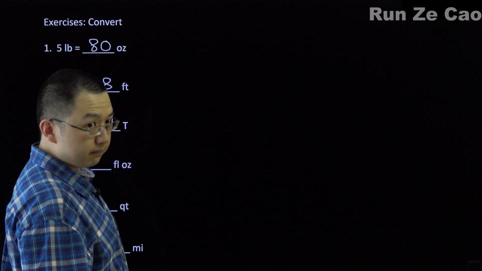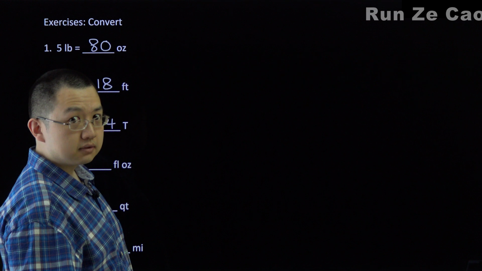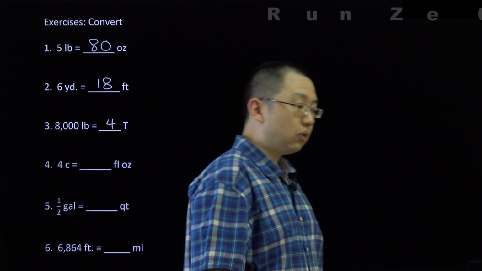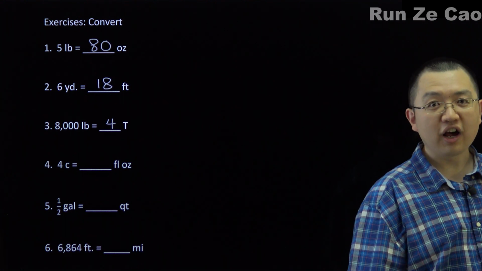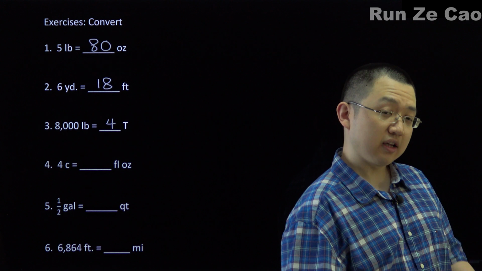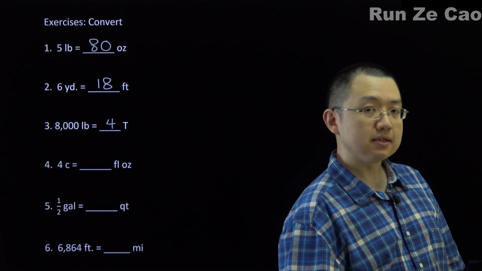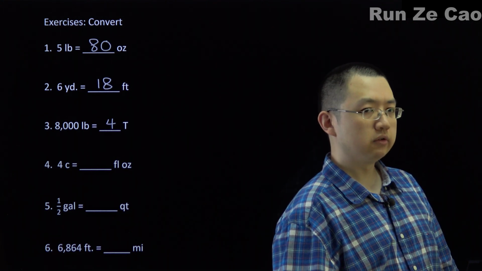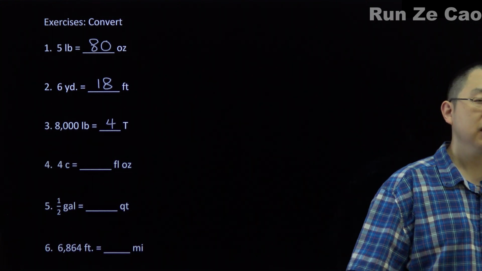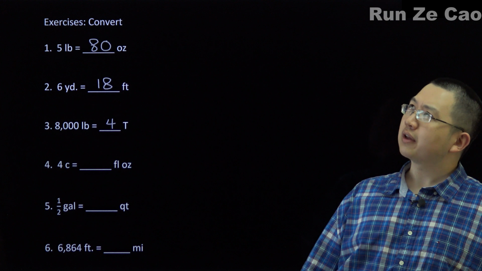A cup is half a pint. A pint is half a quart, and a quart is a quarter of a gallon. Wait a second, guys. A gallon is around 4 liters. In the US system, if I recall correctly, it's about 3.8 liters.